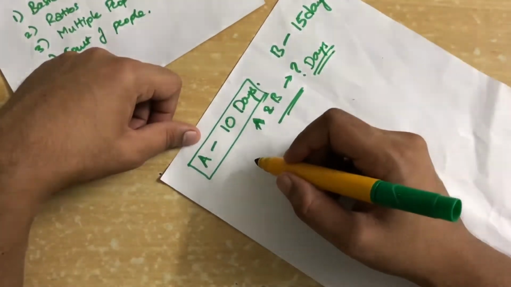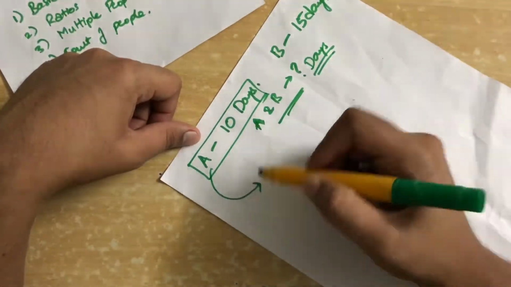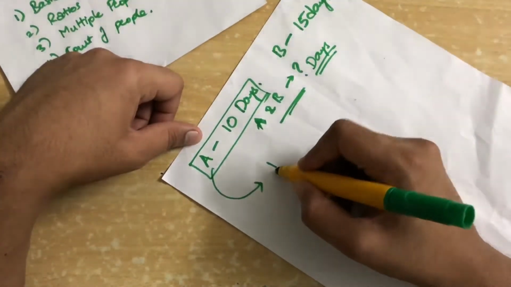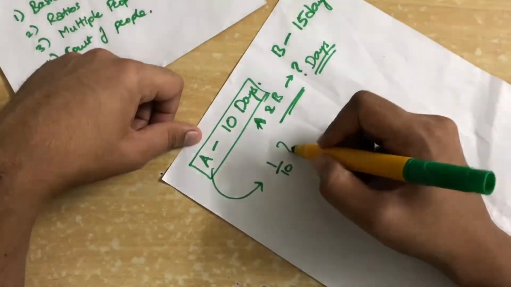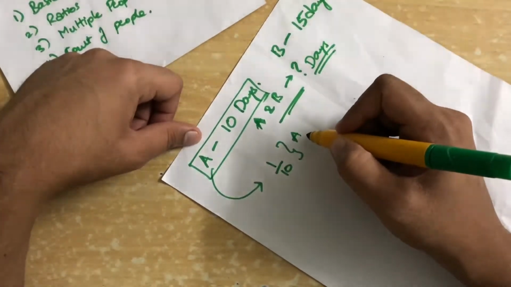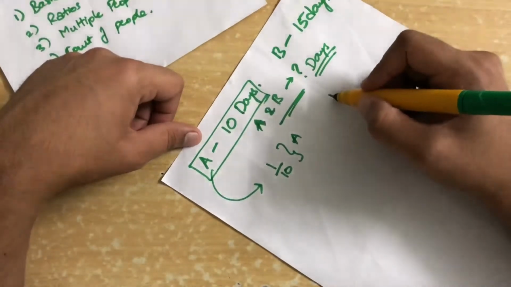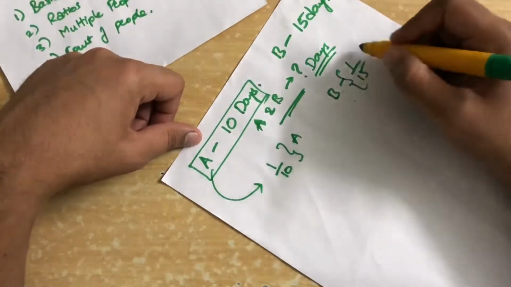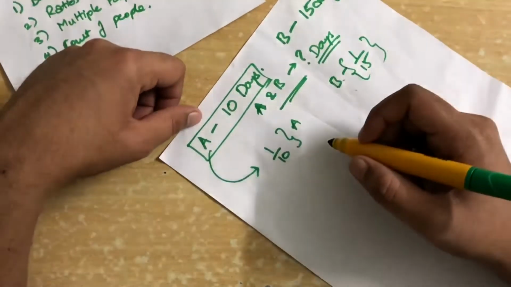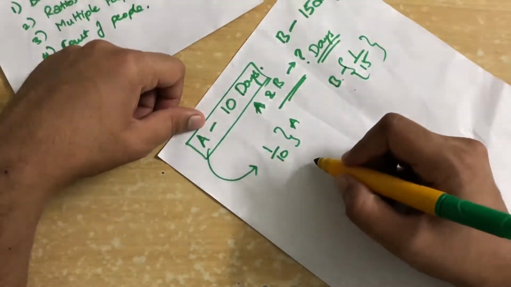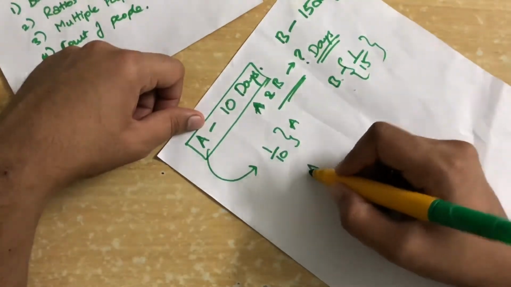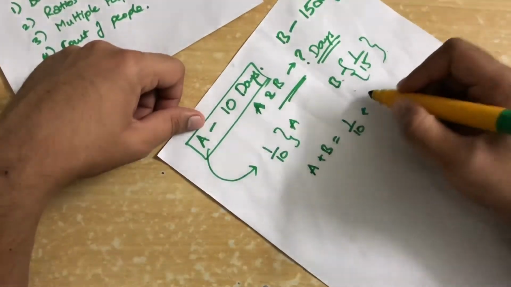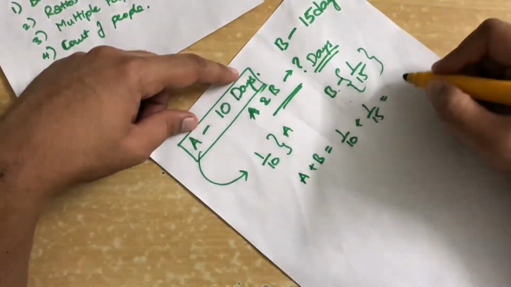And here you're calculating how many days it takes for both of them together to complete the same work. So the amount of work done by A in each day is 1 by 10. So A can do 1 by 10 of the work each day, and B can do 1 by 15th of the work on each single day. So each single day, A and B would complete 1 by 10 plus 1 by 15th of the work.